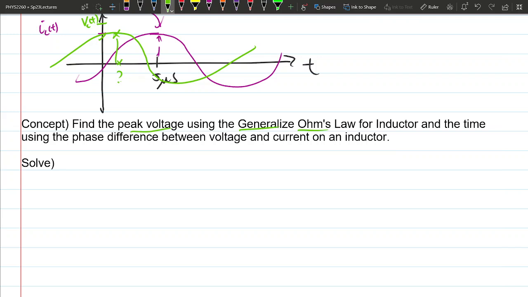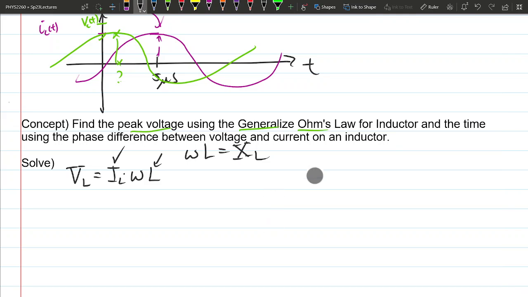For the inductor, in order to find the peak voltage, the generalized Ohm's law is just I times omega L, where this omega L is the inductive reactance. So we know what the peak current is, that's given to us.